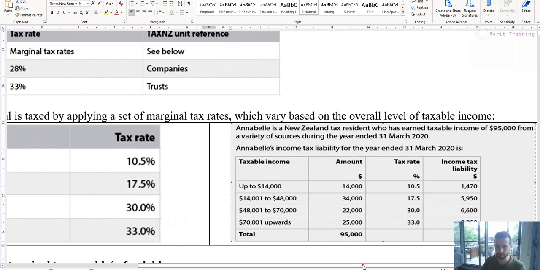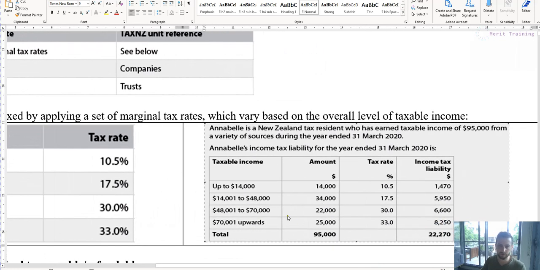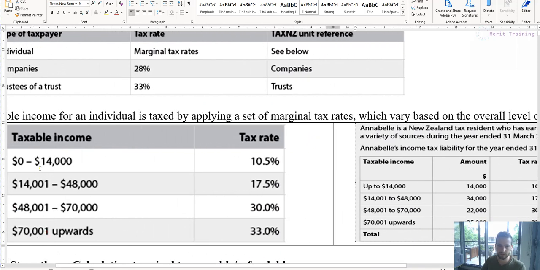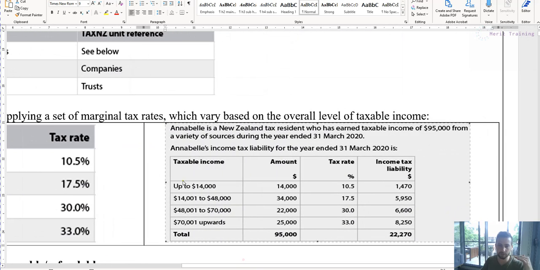So we've got this tax resident who's being paid $95,000. And obviously $95,000 is higher than all of these different categories. So what that means is we need to look at each of those different categories, calculate the tax liability for that category, and add up all the different tax liabilities. As you can see here, their income of $95,000 is higher than $14,000.